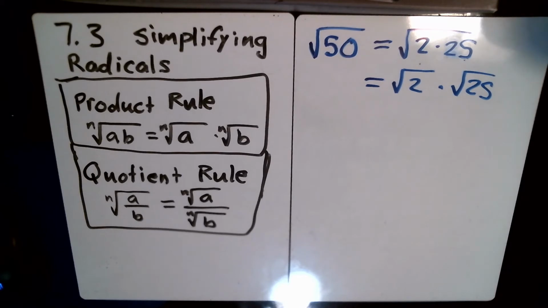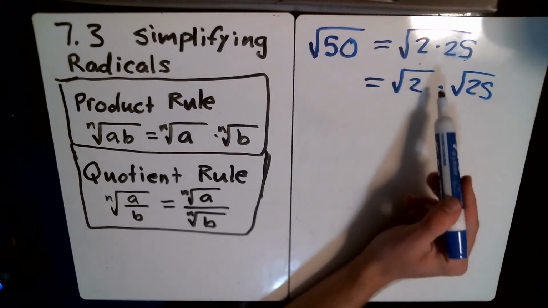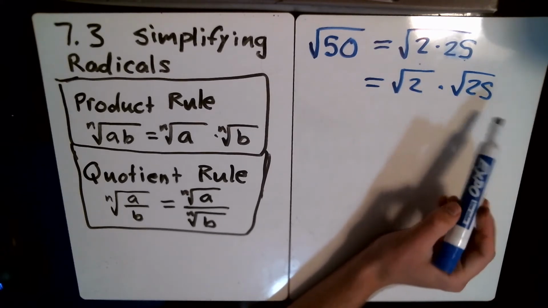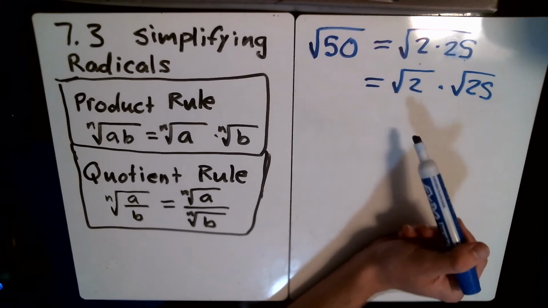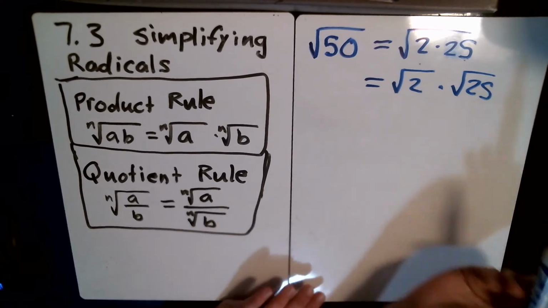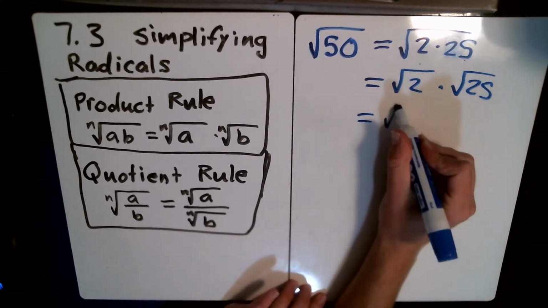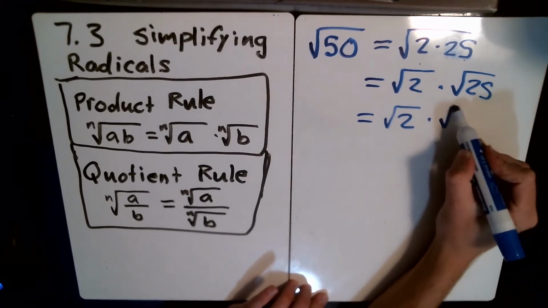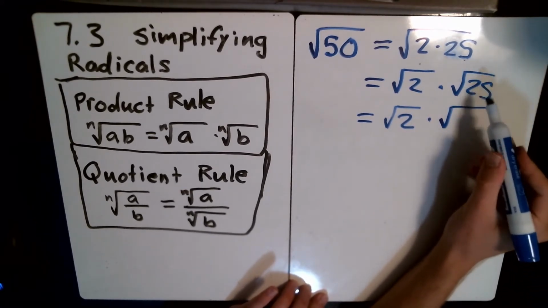And then you could kind of simplify each of these. The square root of 2 is a nasty number. That isn't too nice. But the square root of 25 is actually quite nice because you can rewrite the square root of 25, or 25. What goes into 25?